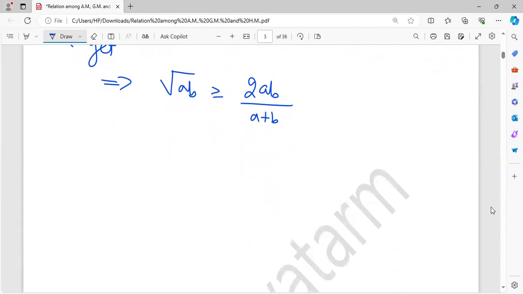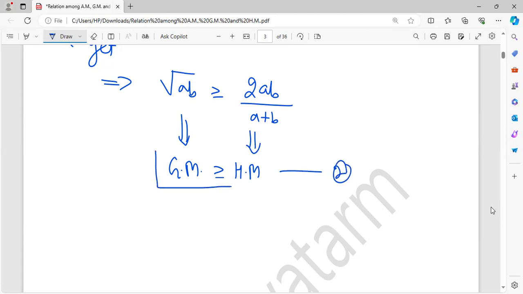Under root AB is nothing but GM, and this is HM. So we have equation number 2.